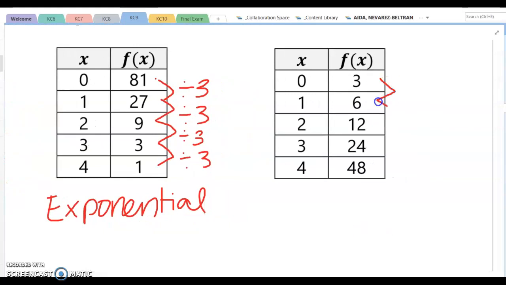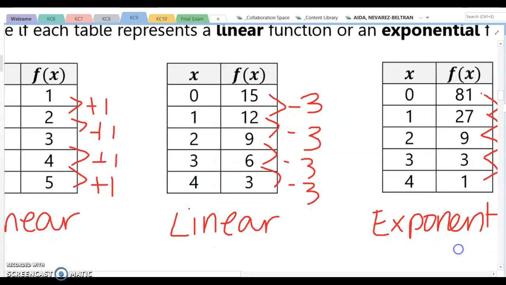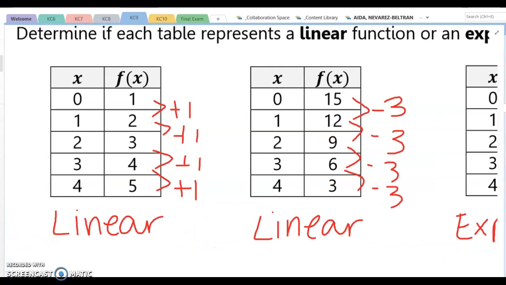So our numbers are getting higher and higher really quickly. So with this one, we're actually multiplying by 2 each time. So again, we have exponential, right? Because multiplication. So multiplication and division, exponential, addition and subtraction, linear.